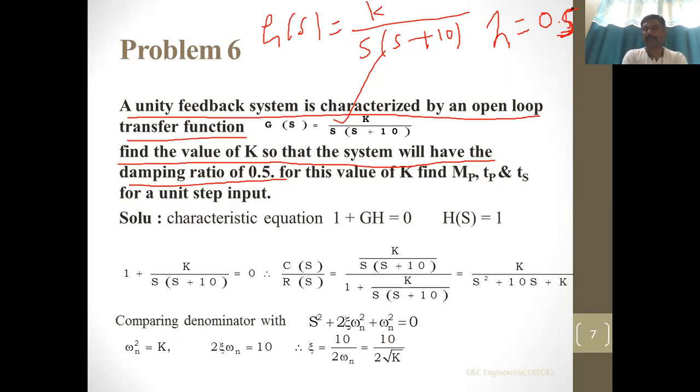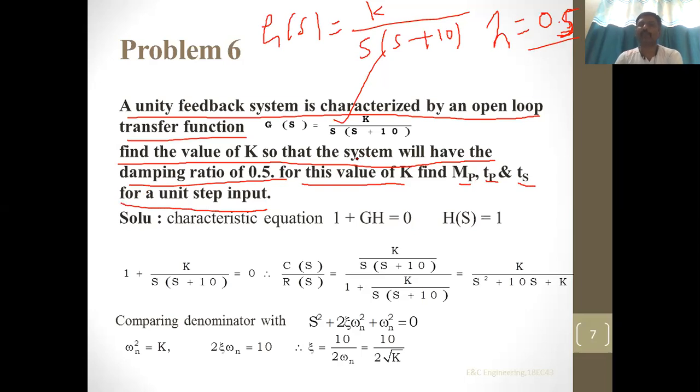But in the current problem, the open loop transfer function has some constant K. We need to find the value of K, but the Xi value has been given. For this Xi 0.5, we need to find the value of K. Then we need to find MP, TP and TS, that is peak time and settling time for a unit step input.